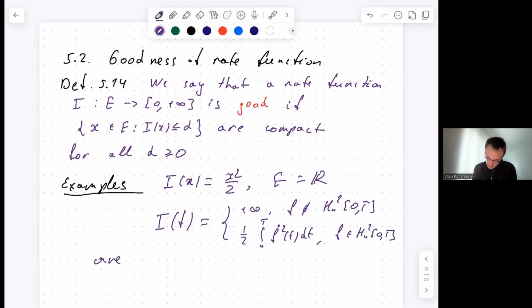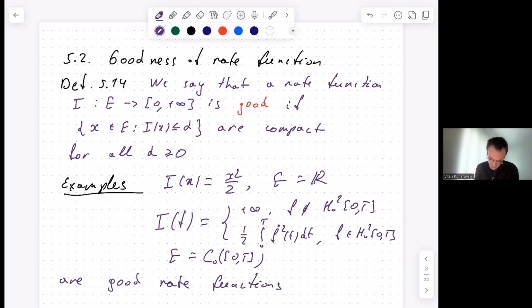And here the space E is equal to C0 0t. These are good rate functions, and we will leave that as an exercise. You will get it as a homework exercise to show that.